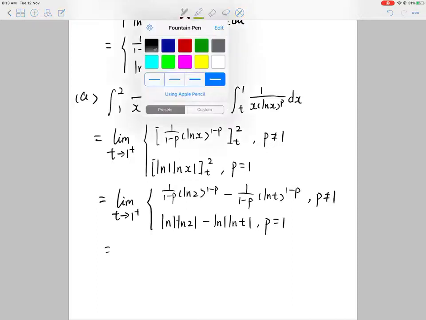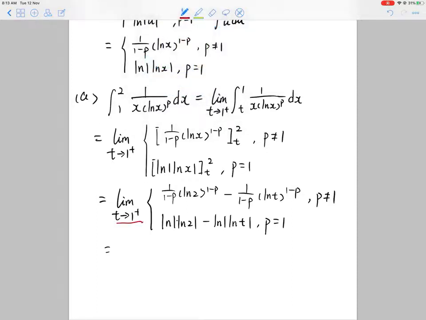And for the first part, as you can see, when t is approaching 1 from the positive side, your log t is approaching 0 from the positive side. But you only know p is not 1. You don't know if this 1 minus p is positive or negative.